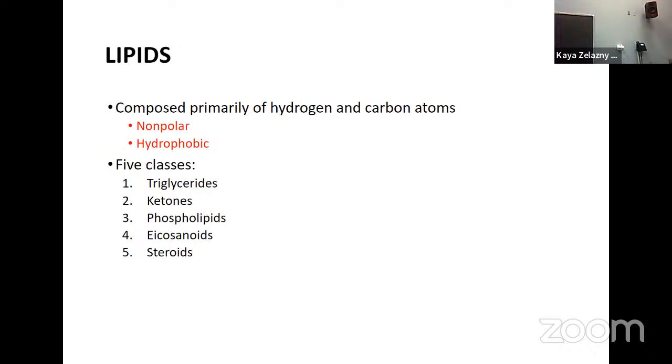A lipid is really defined as something that's just mostly made of hydrogen and carbon. Not a lot of oxygen, and we'll see a little bit. This presence of tons and tons of hydrogen and carbon alone makes our lipids non-polar, meaning that they are also going to be hydrophobic, so they're going to repel water.